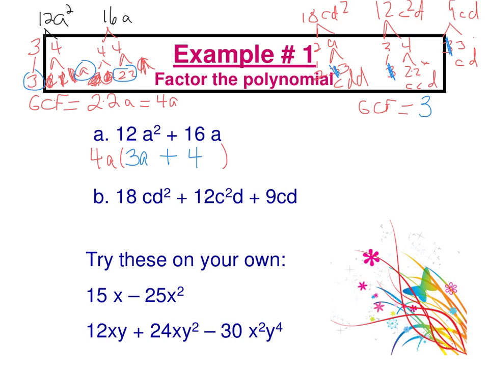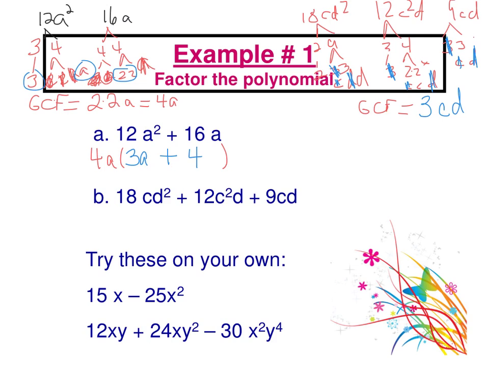Now I'm going to look at my letters. All of them have at least 1 c, so c is part of my GCF. And all 3 of them also have a d. So 3cd is my GCF.